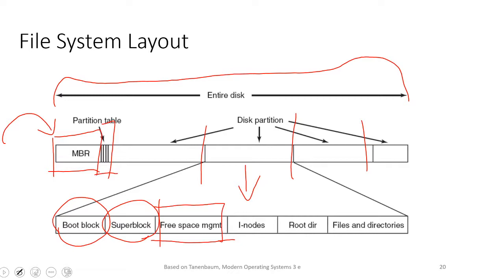Then in certain file systems, we may have what is called inodes, a way to manage directories and the information about root directories, and then our regular files and directories. So this is a typical file system organization layout. This is not how every file system is going to be, but at least some of these things will be there in most file systems.